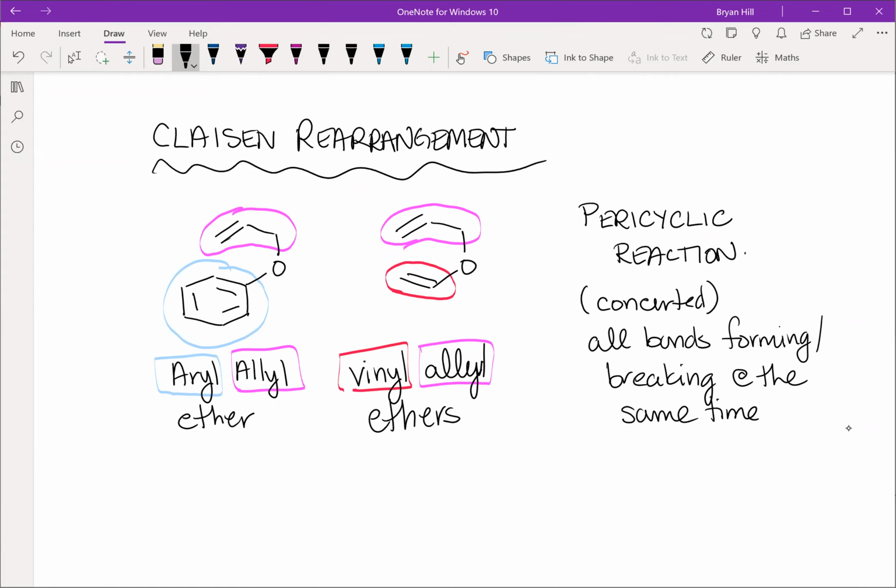The other thing which is common about pericyclic reactions is that they often involve the conversion of pi bonds into sigma bonds. So you're making stronger bonds. Remember, pi bonds are sideways overlap of electrons, sigma bonds are head-to-head overlap. So they're technically stronger bonds.